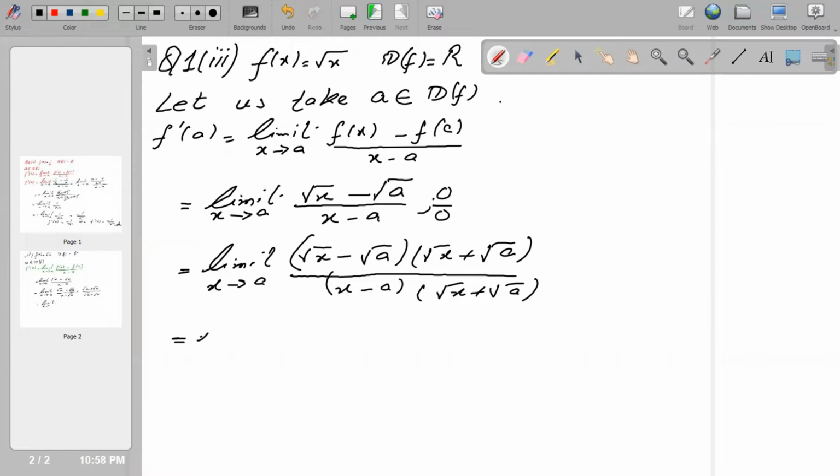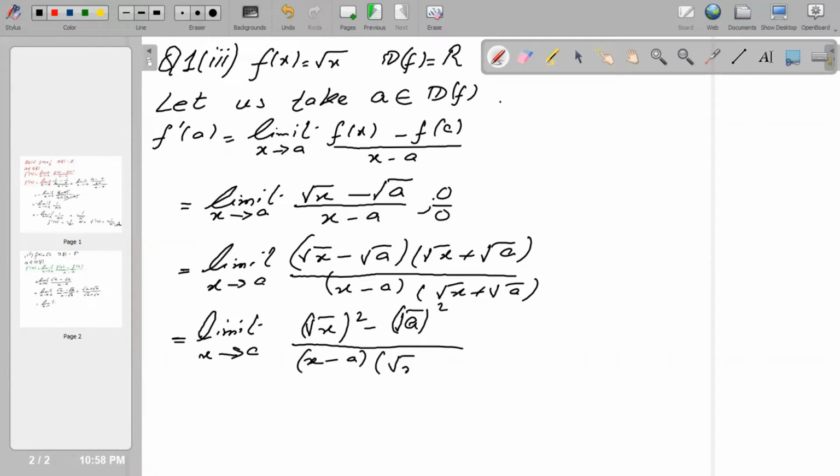So limit as x approaches a, square root of x squared minus square root of a squared, which is a square minus b square, divided by x minus a times square root of x plus square root of a.